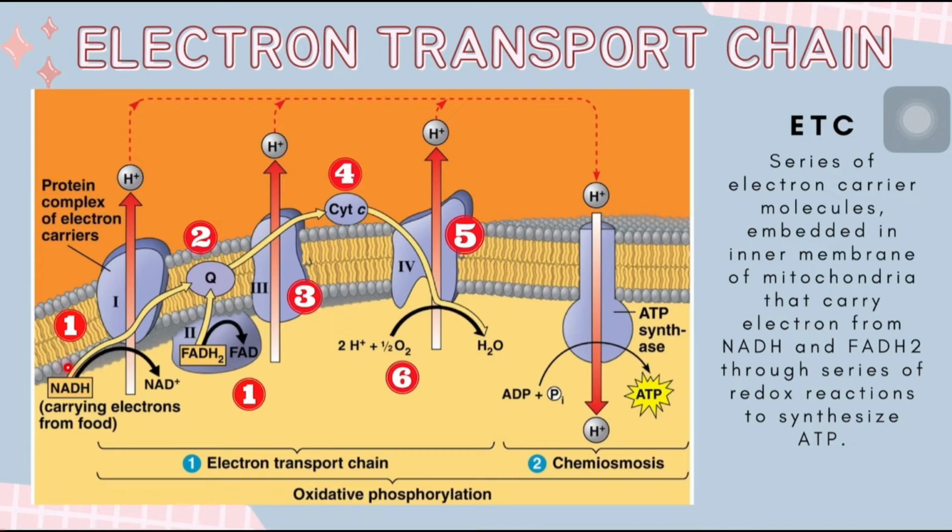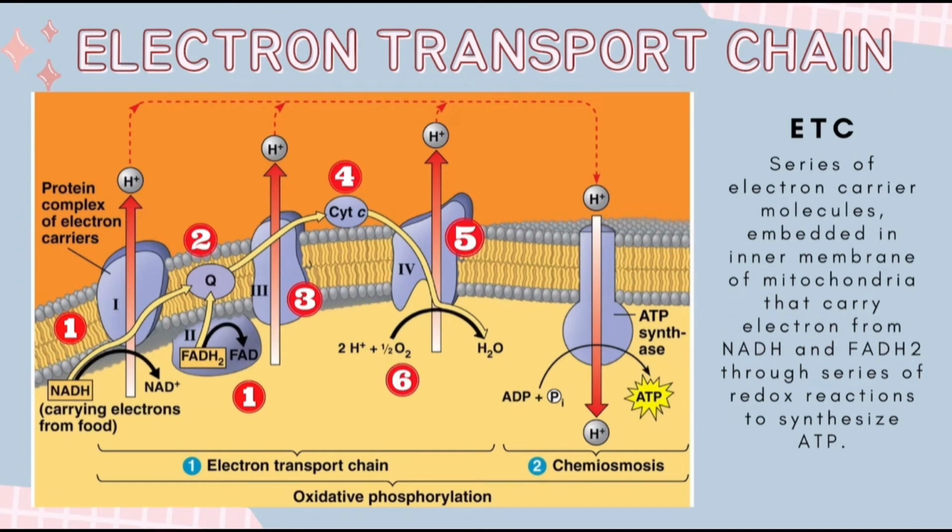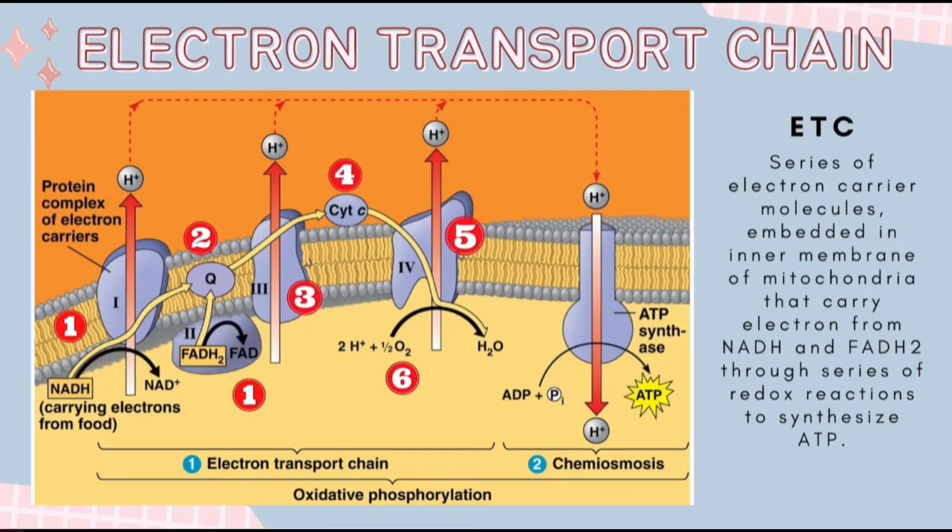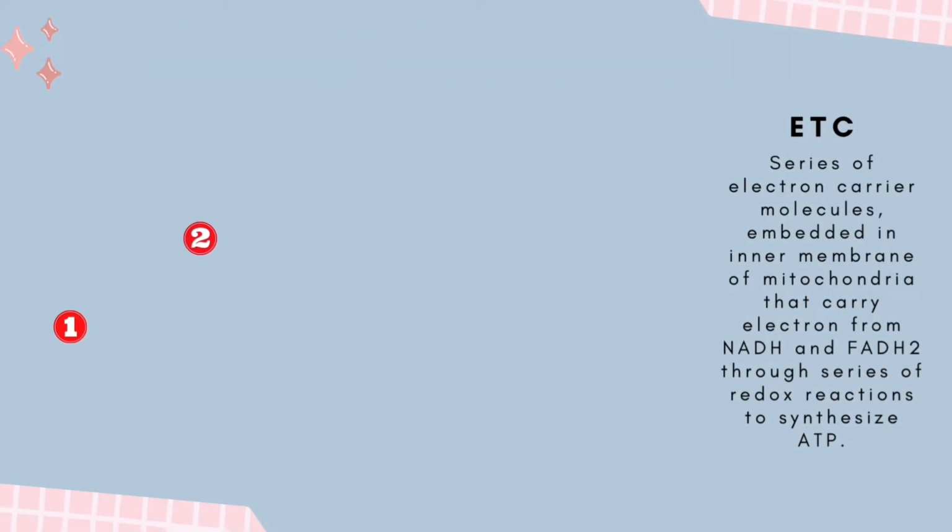There are 6 steps in the ETC. Electron transfer in the ETC involves redox reactions. The electron carrier of the chain is reduced when it accepts an electron, and oxidized when it passes the electron. This process will repeat until oxygen, the last electron acceptor.